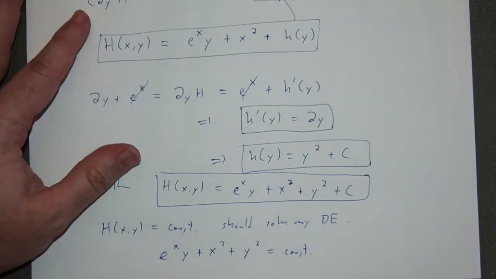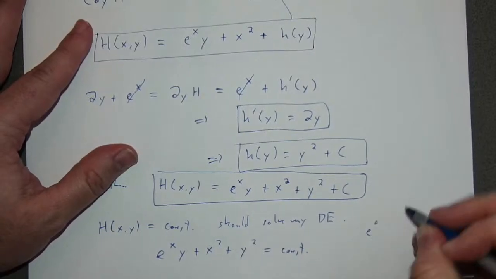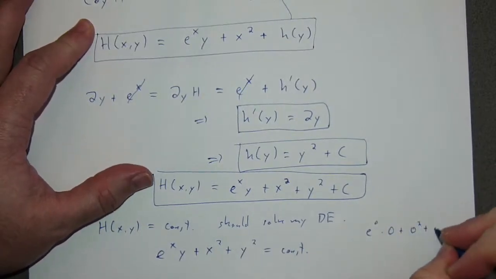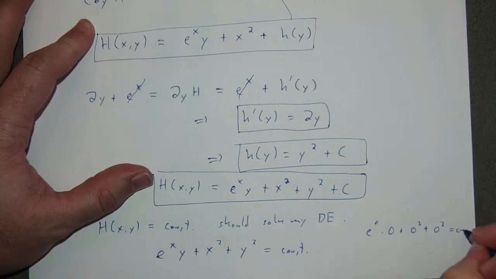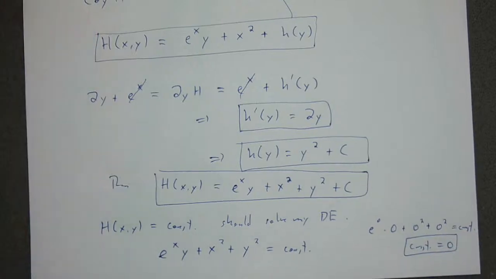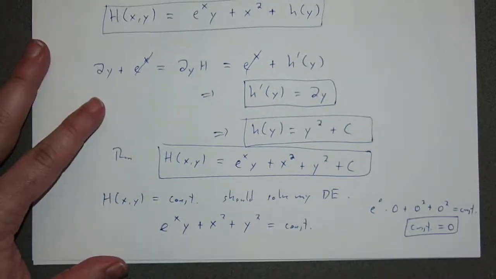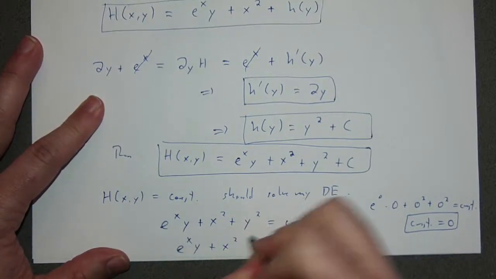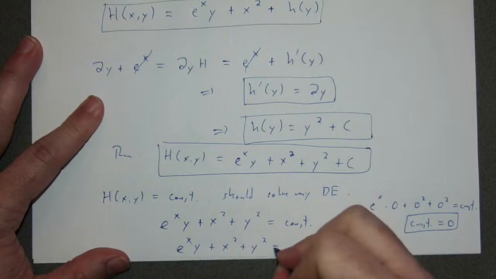Imposing that initial condition, I get e to the 0 times 0 plus 0 squared plus 0 squared is equal to constant. And so constant is equal to 0 here. And so what this equation becomes is e to the xy plus x squared plus y squared is equal to 0.